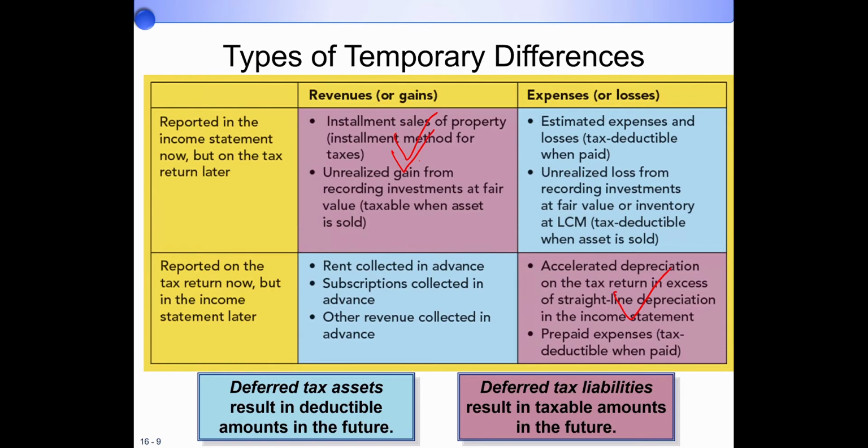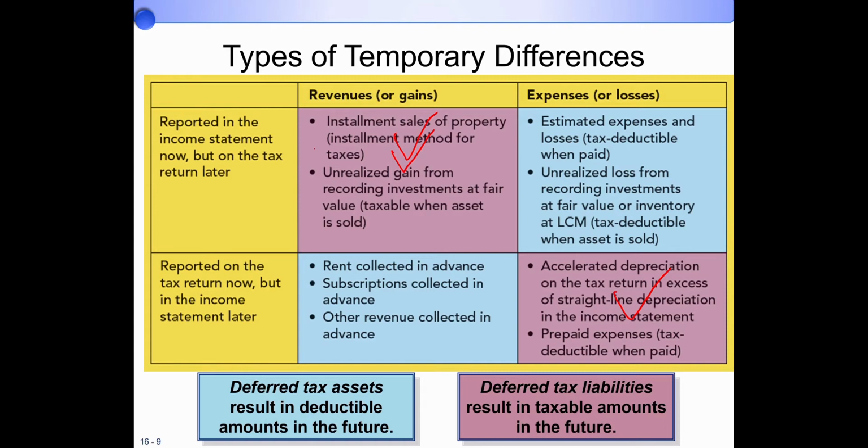The revenue will be recognized in accounting, but will be postponed on the tax return. That's why you can see that in accounting, we're going to report relatively more revenue than tax. That's why accounting income is greater than taxable income. So that's the one situation.